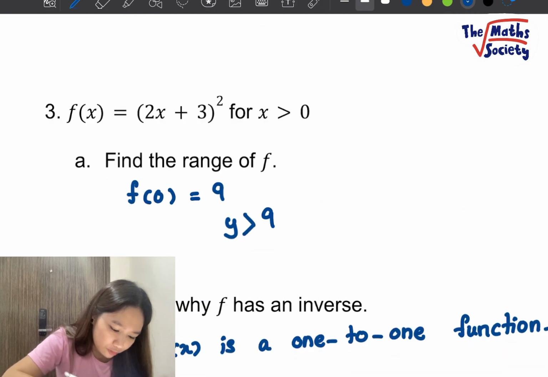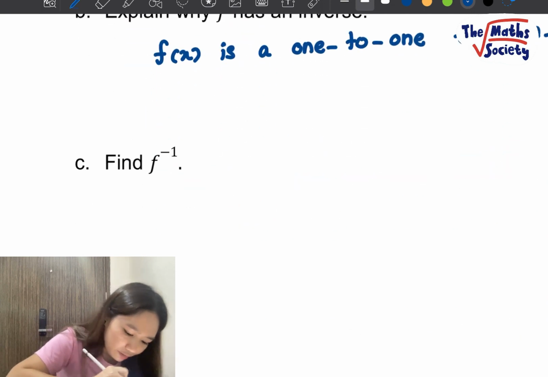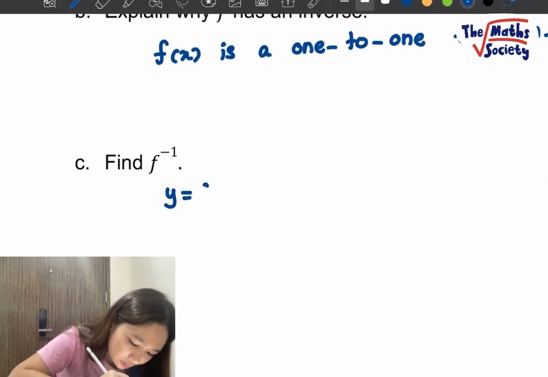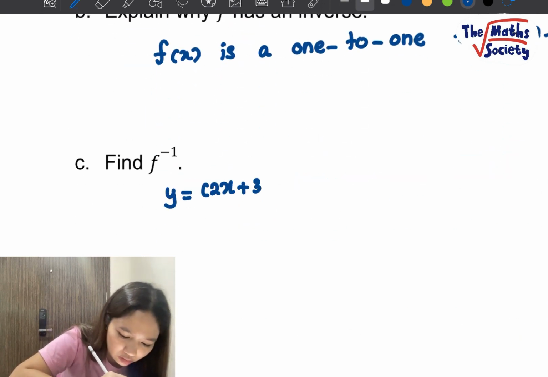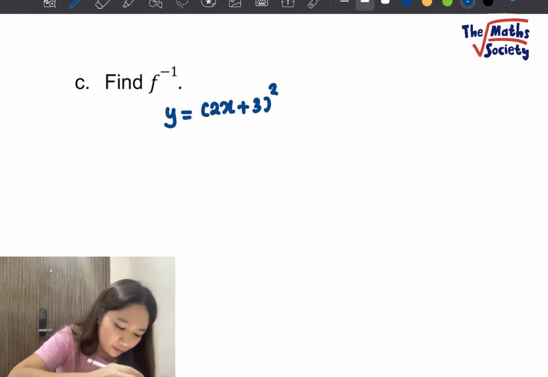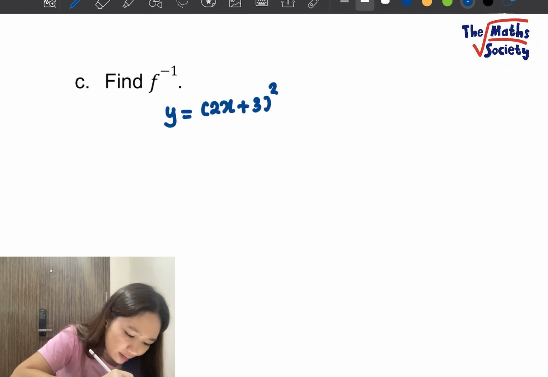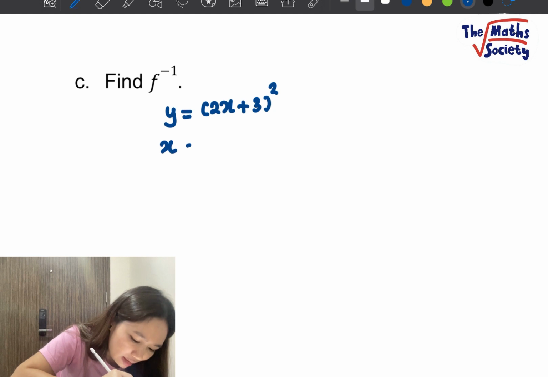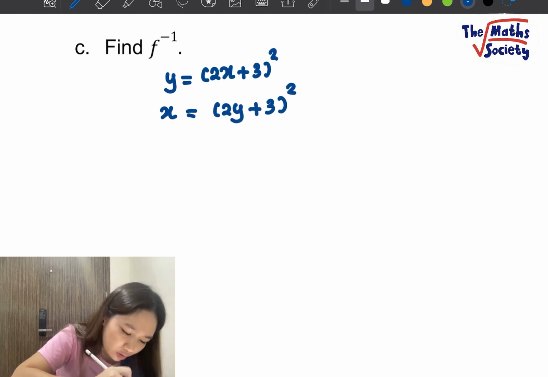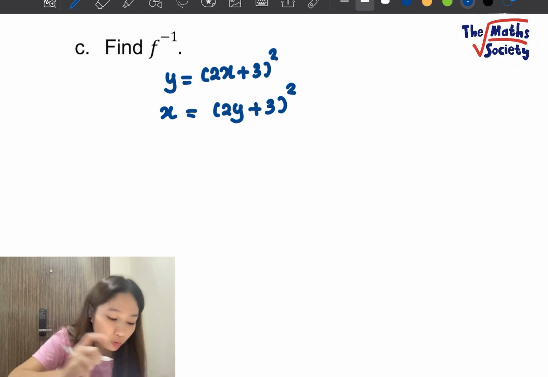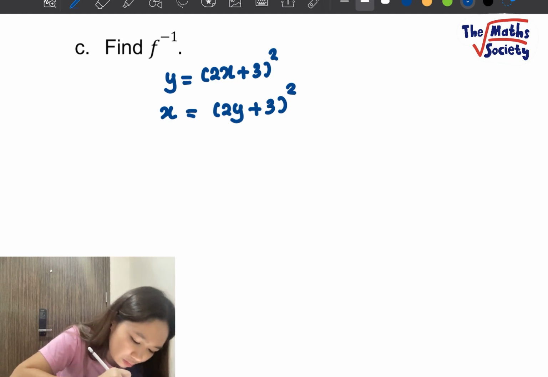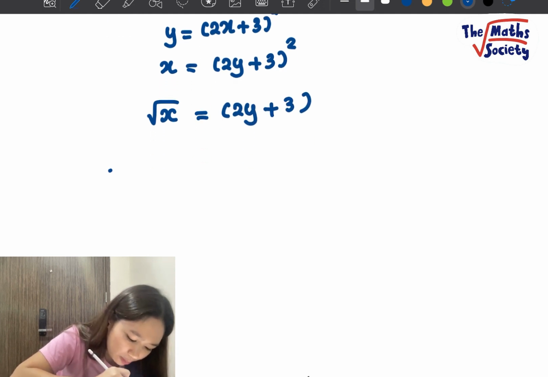Now I'm gonna have to find f inverse. So f of x, so y is equal to 2x plus 3 the whole square. I'm gonna have to exchange my x and y places. So x is equal to 2y plus 3 the whole square. I'm gonna rearrange the formula for y. So this will give me square root of x is equal to 2y plus 3, and I'm gonna move my plus 3.